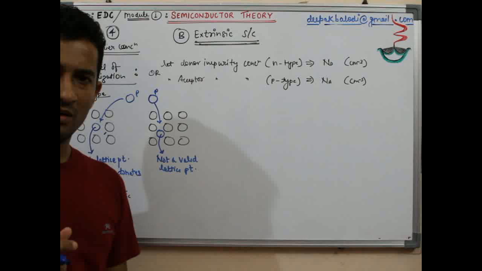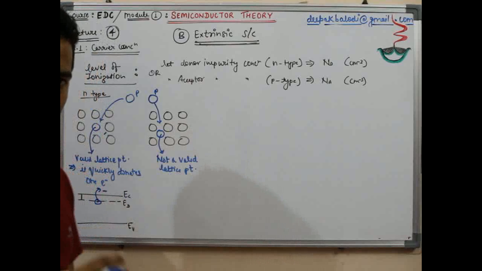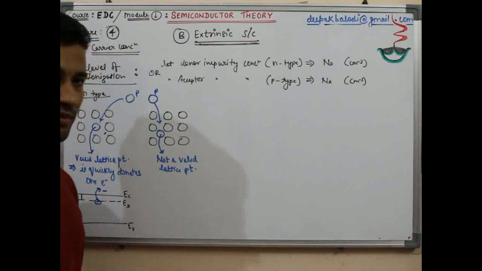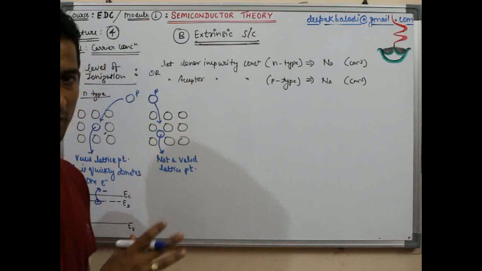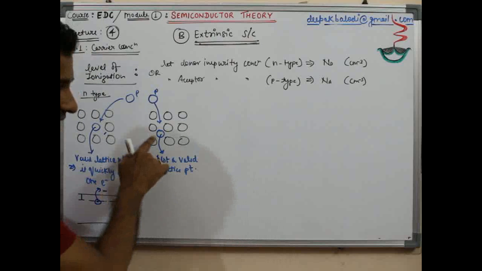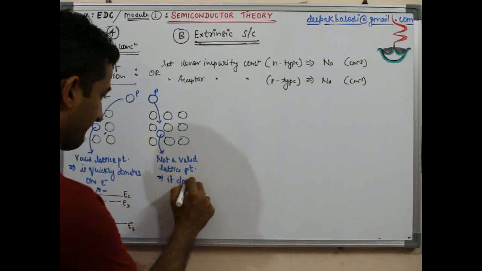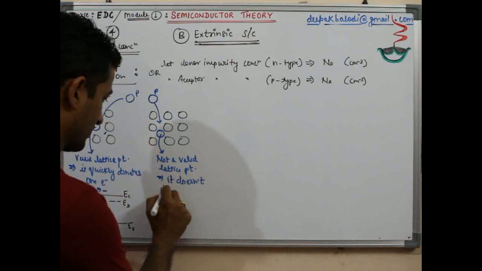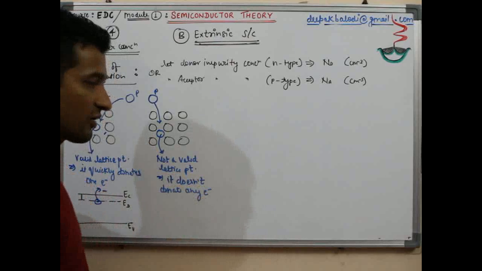That is not a very perfect technical term, but by valid lattice point I just want to say that this is an allowed position or scenario, though its probability is far lower. But when this happens, it doesn't donate any electron. So the electron is not released.